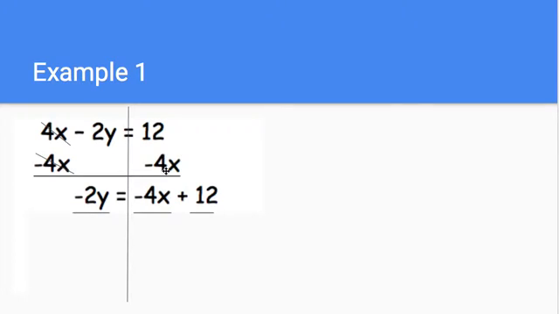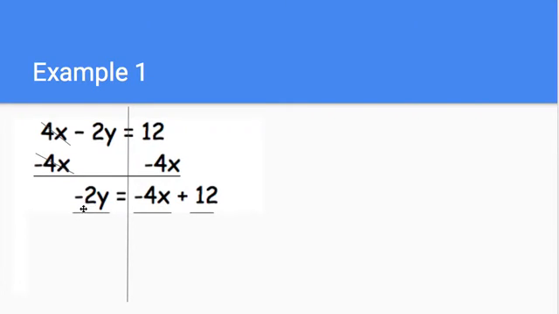On the other side, the negative 4x is just going to stay here, and then plus 12. Basically, what I did was I moved this 4x from here over to this side, and it changed from a positive to a negative because I had to subtract 4x from both sides. So now I have just my y value over here, but I have the coefficient of negative 2. I do not want that negative 2 there.